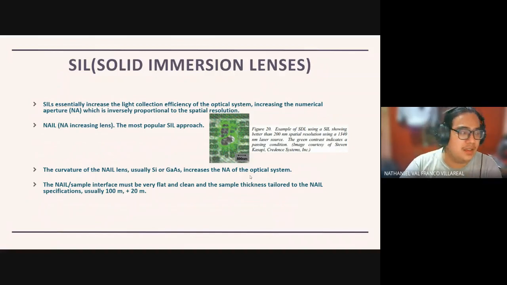The image is very detailed, but the resolution is very low because, as said before, increasing the numerical aperture will lower the resolution. The curvature of the NAIL lens, usually silicon or gallium arsenide, increases the numerical aperture of the optical system.